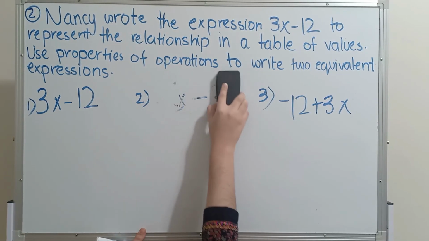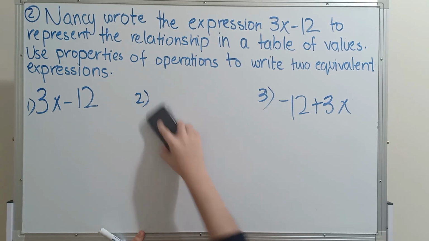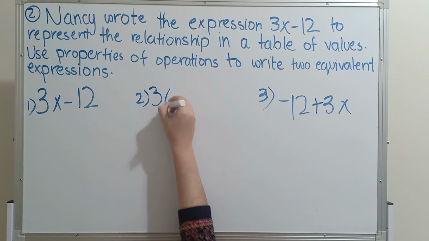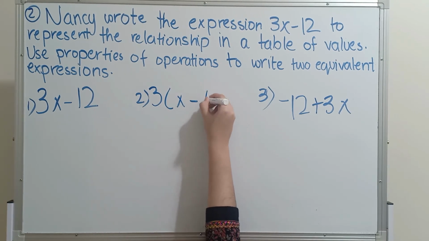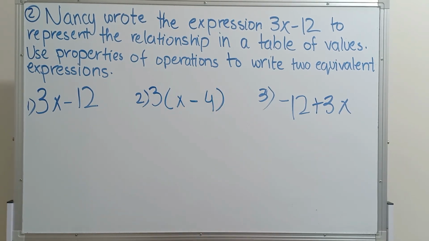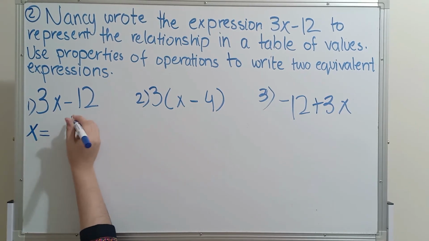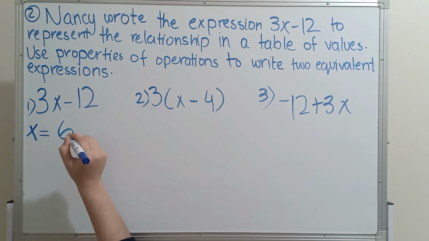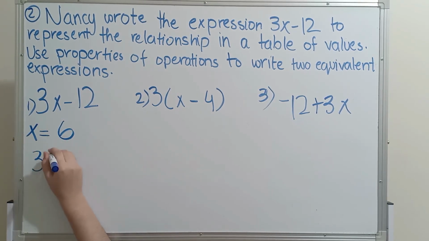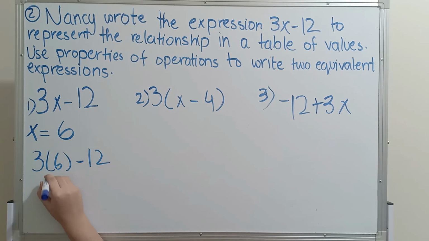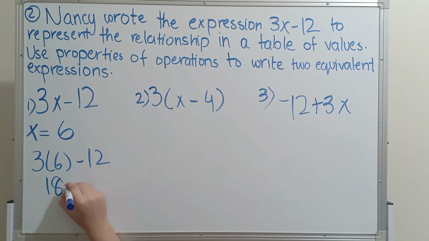So first, let's rewrite the second expression. It was 3 times x subtract 4 in the bracket. So now, let's say x equals 6. So 3 times 6 subtract 12 is 6 times 3 is 18.